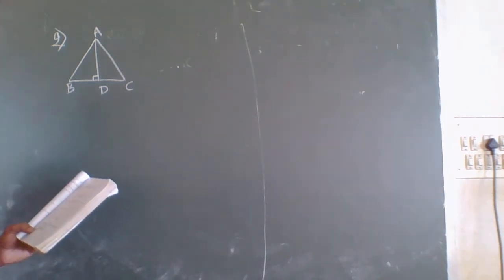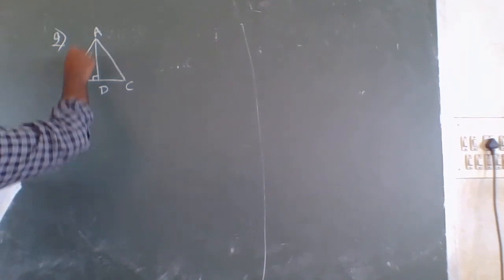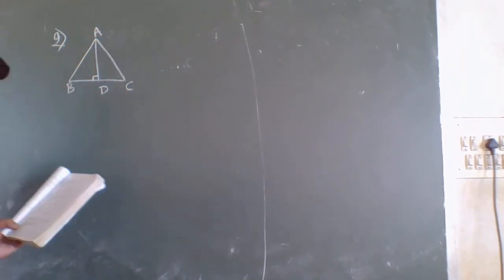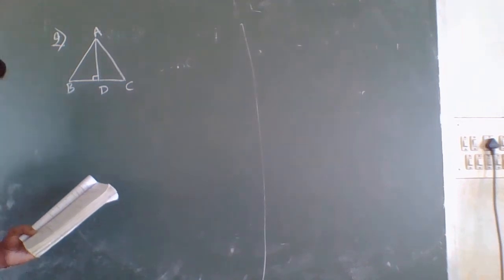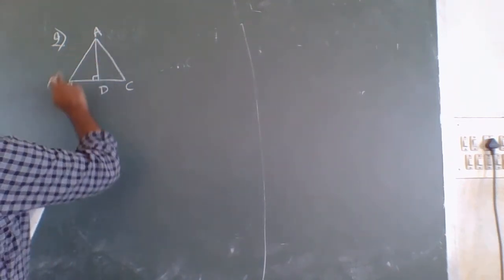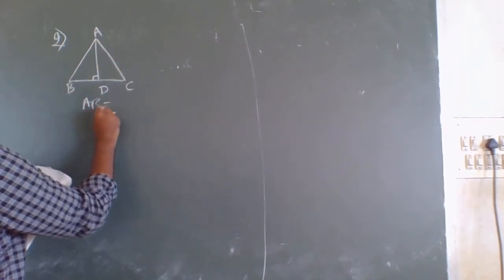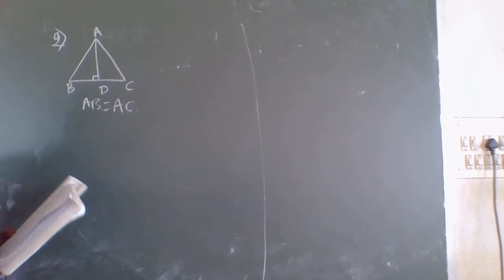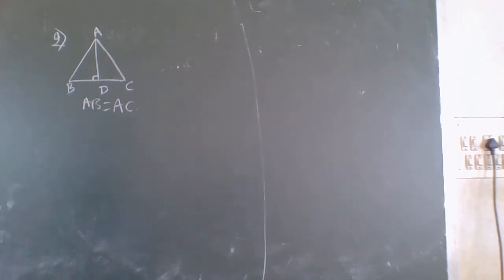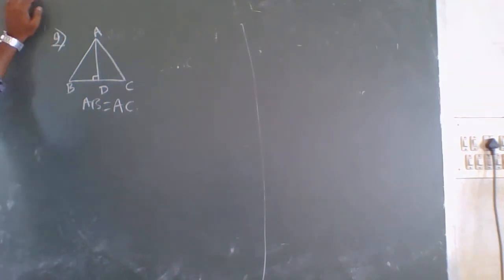Show that triangle ABC is an isosceles triangle. This triangle ABC is an isosceles triangle in which AB is equal to AC. Therefore, we have to prove AB is equal to AC.